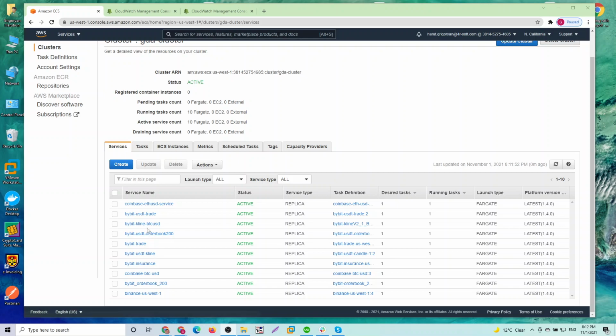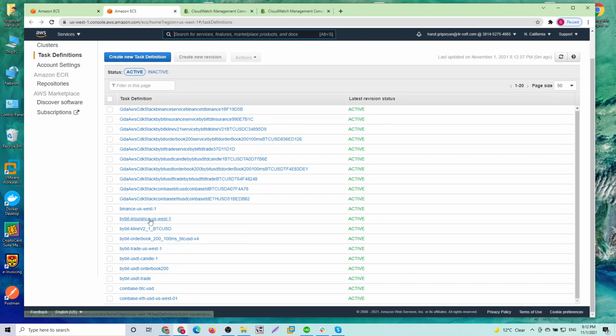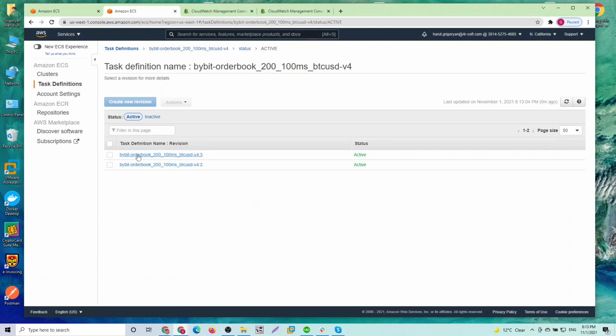So let me show how we have a log configuration set up in task definitions for those tasks. Let's pick this one. They are all the same, but let me demo with this one.